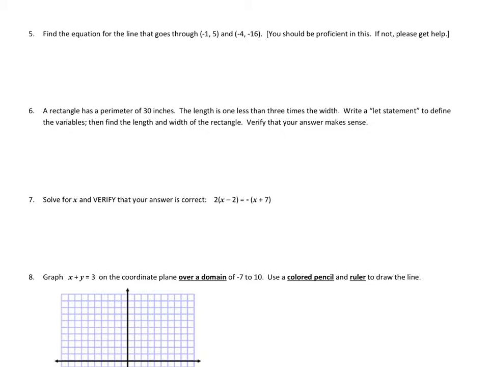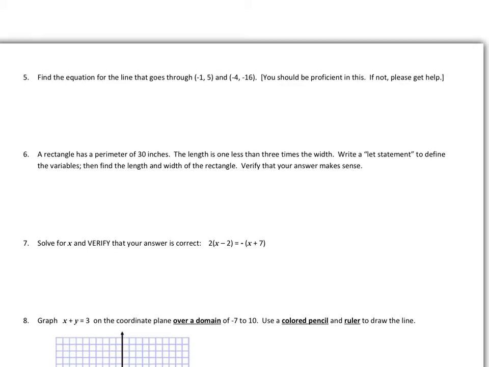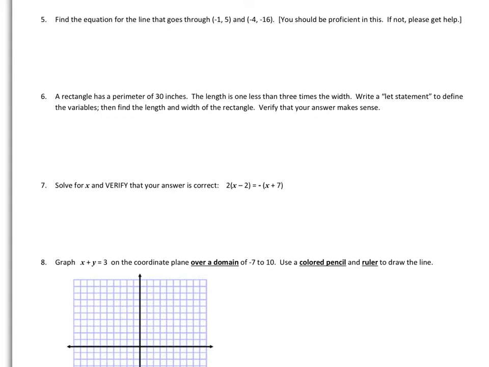On 5, it says, find the equation for the line that goes through negative 1, 5, and negative 4, negative 16. You should be able to do this. If you don't know how to do it, get help.